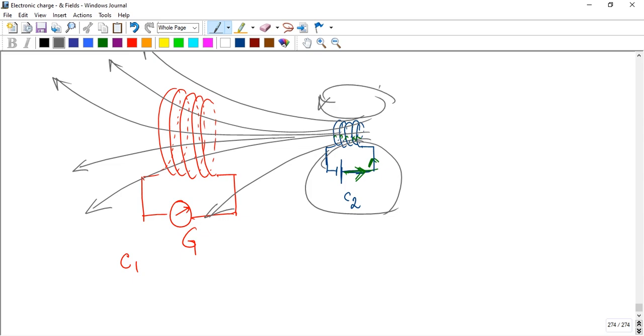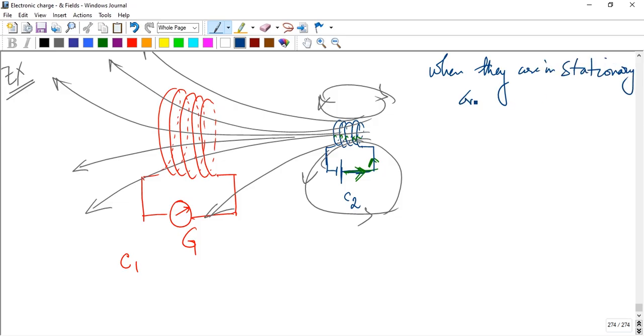Okay, some part of the magnetic field is crossing the coil C1, and when they are stationary, at rest, the galvanometer G reads 0, no deflection.